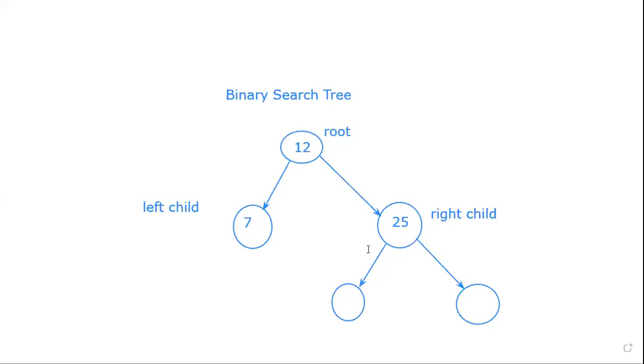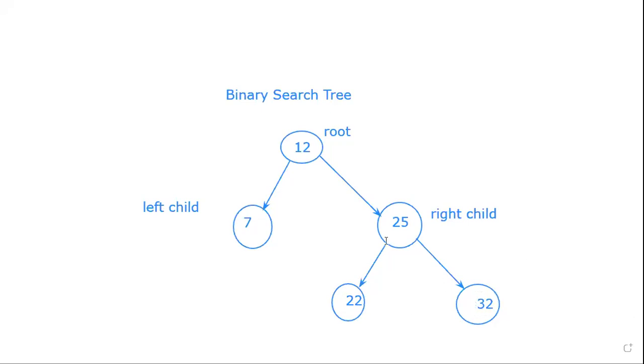So I want to insert 22. 22 when compared to this one, it is greater. So always the right portion will be evaluated. So 25 when compared, it is less than 25. So I have to place it here, that is 22 here. And if suppose I am having 32 also there, so I need to place it here.